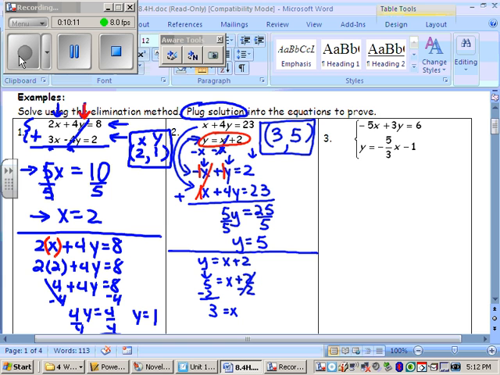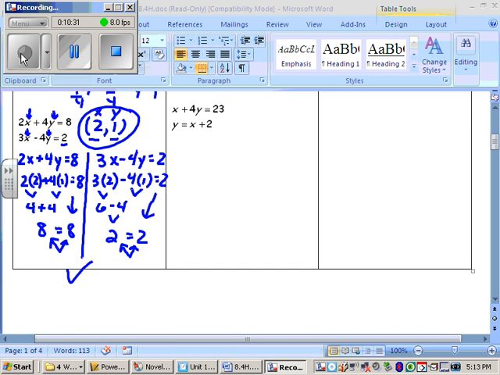Now you may be able to visually plug those numbers in for the x and y and simplify the left side of the equal sign in your head and see if you get an answer of 23. You would then do the same for the second equation. But I'm going to go ahead and scroll down and go through this process in case you aren't able to visually see it.